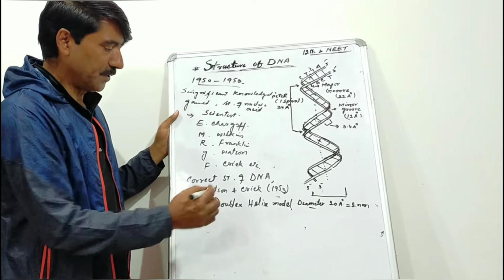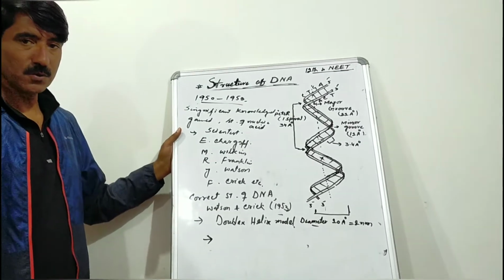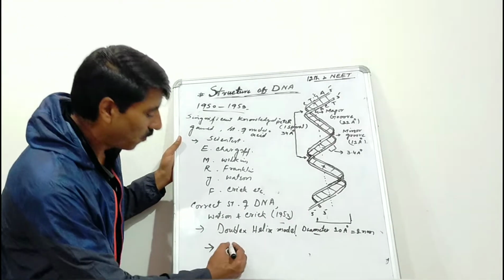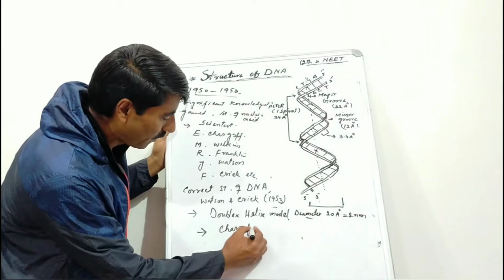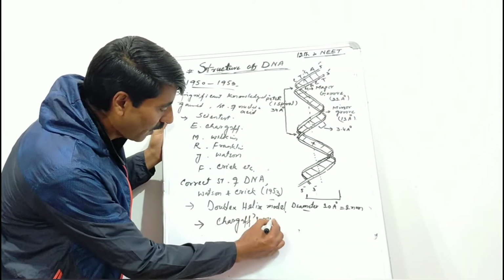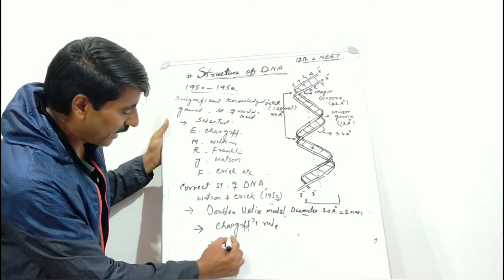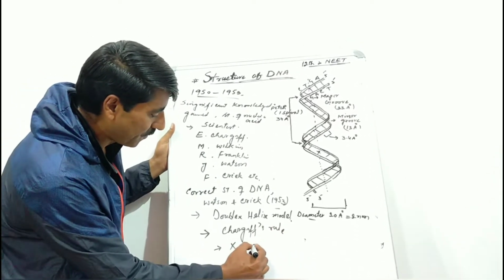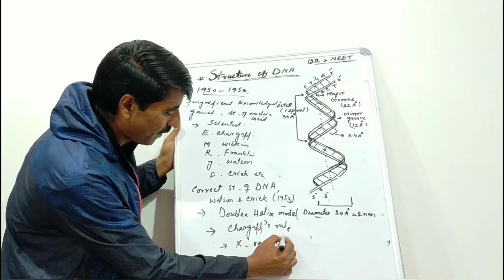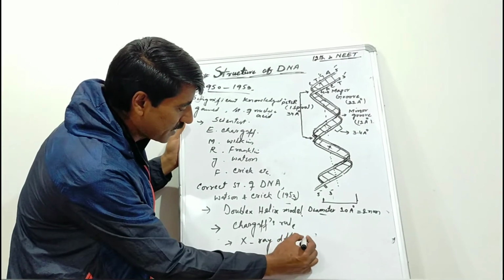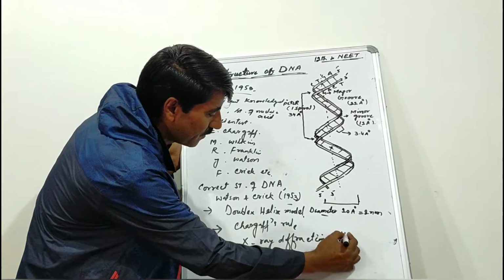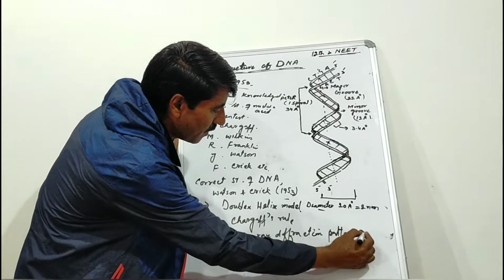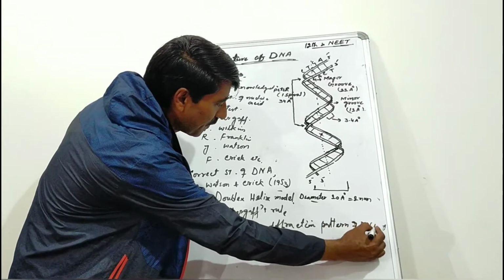Now, the basis of this double helix model was on two important researches or two important observations. One was Chargaff's rule, and another the X-ray diffraction pattern of DNA.